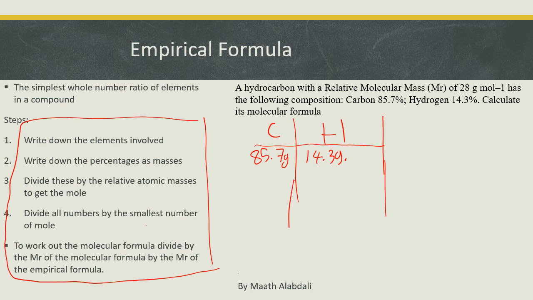Then we divide these by the relative atomic mass. Carbon has a relative atomic mass of 12, and hydrogen has a relative atomic mass of 1.